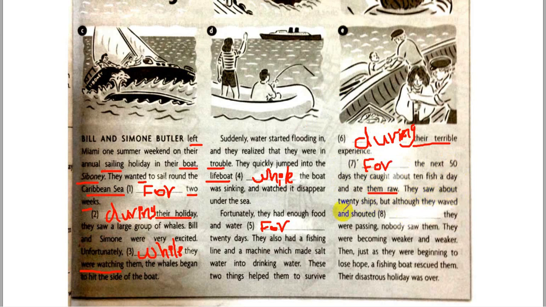They saw about 20 ships, but although they waved and shouted, while, because they were passing, it's a sentence, nobody saw them. They were becoming weaker and weaker. Then, just as they were beginning to lose hope, a fishing boat rescued them. Their disaster holiday was over.